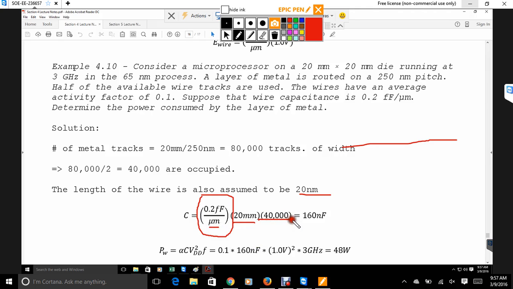We're multiplying it by 40,000 because there are 40,000 of them, since we're trying to determine the power consumed by the layer of the metal. So that means we want all of them involved, right? Does that make sense? Okay. In fact, I probably could have put C total to make it more clear.